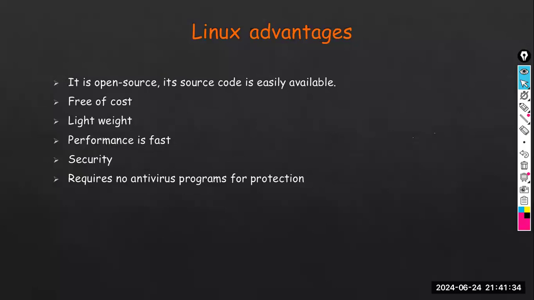Okay. So these are the advantages of Linux operating system. Any questions here? Sir, can you repeat that antivirus, I mean the security concept? See, in Windows operating system, you downloaded one PDF software. You installed it, but along with the PDF software, you got some virus.